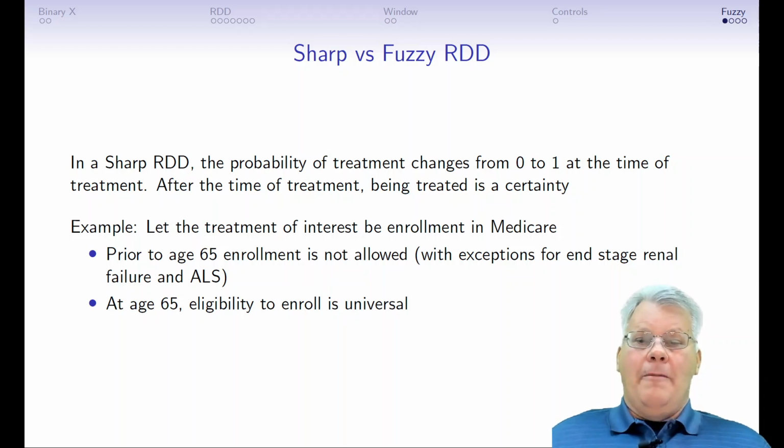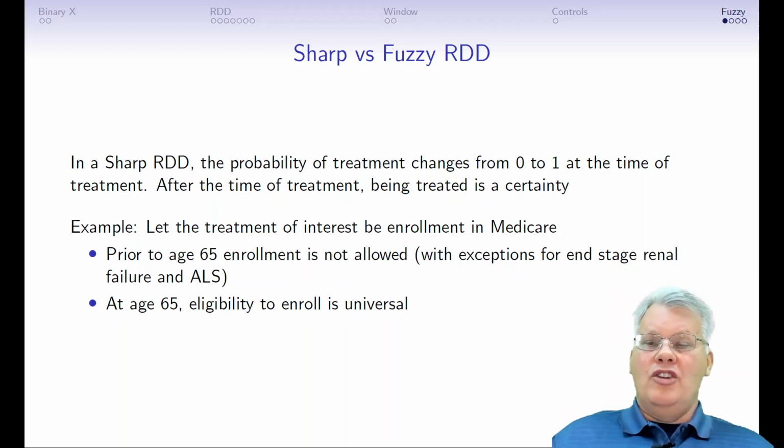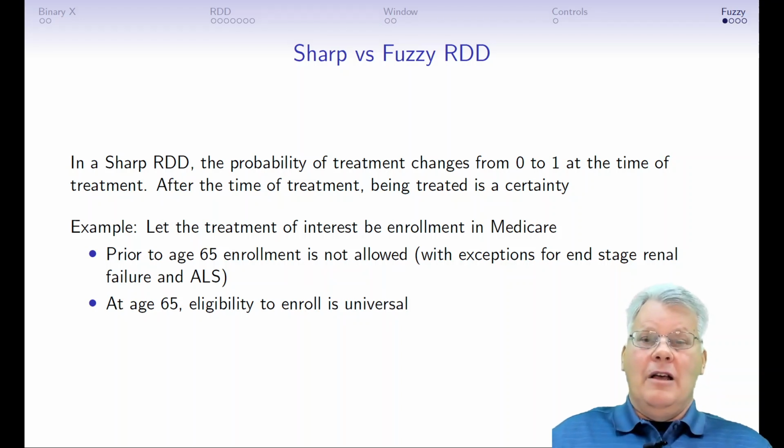So, as an example, let the treatment of interest be enrollment in Medicare. You recall that Medicare is health insurance for old people. Prior to becoming 65 years of age, enrollment in Medicare is almost universally disallowed. There are two notable exceptions.